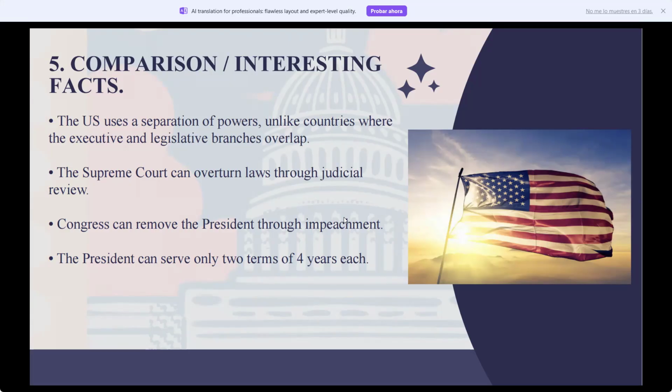Another fact is judicial review, which allows the Supreme Court to cancel laws that go against the constitution. Also, Congress can impeach a president, and the president can only serve two four-year terms.